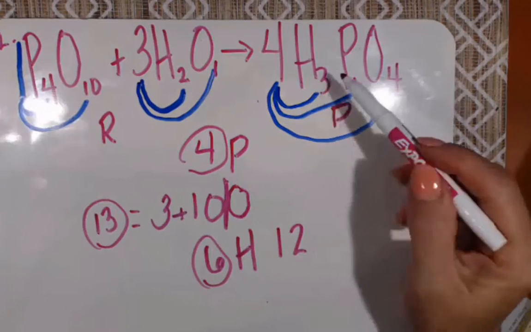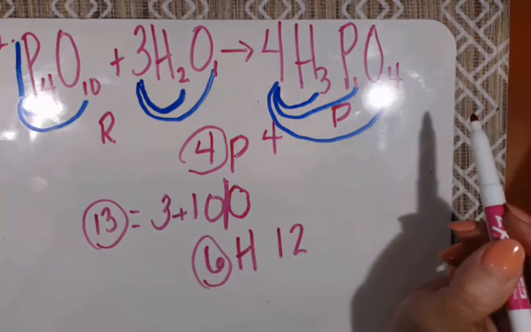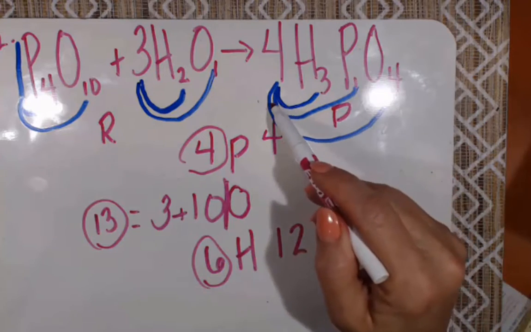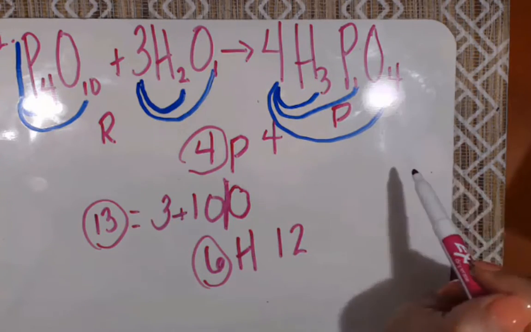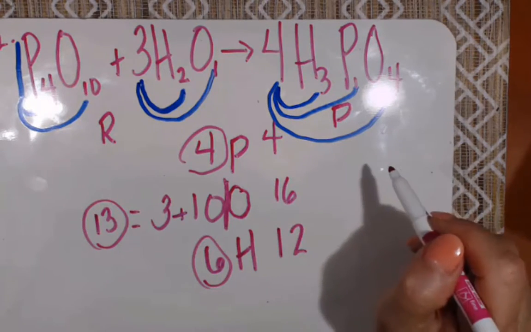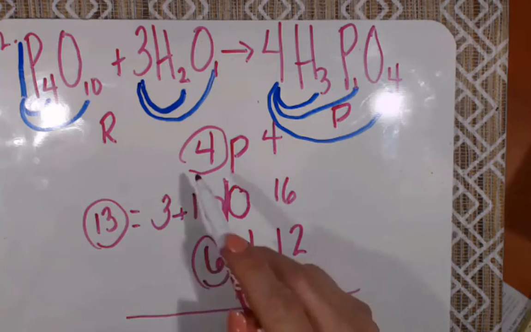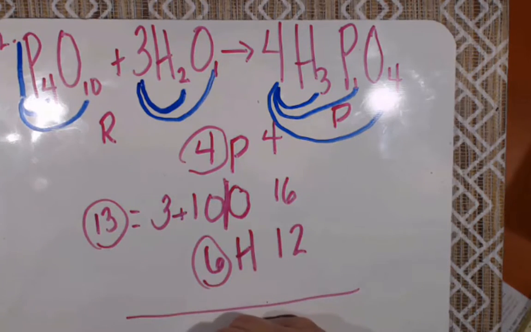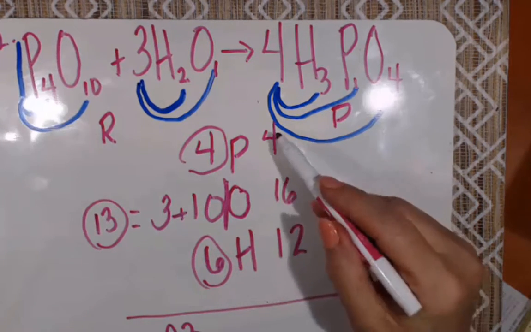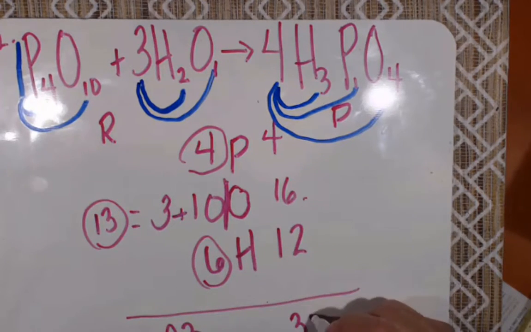But we'll keep going. 4 times 1 on the phosphorus, so I do have 4 phosphorus. And then 4 times 4 on the oxygen, so I have 16 oxygen. So my total number of atoms over here is going to be 17 and 6 is 23. And so that's 20 and 12 is 32.